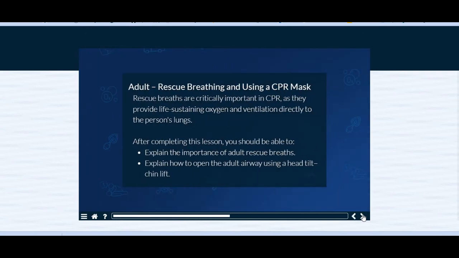Rescue breaths are critically important in CPR, as they provide life-sustaining oxygen and ventilation directly to the person's lungs.